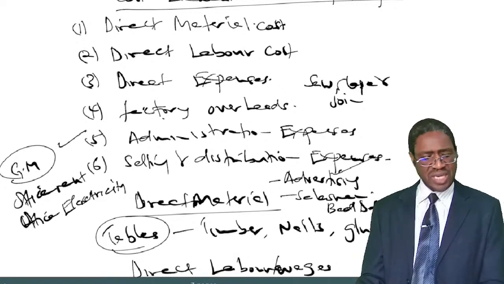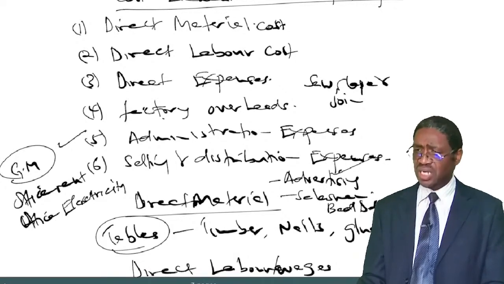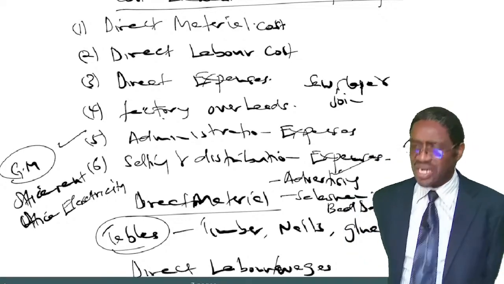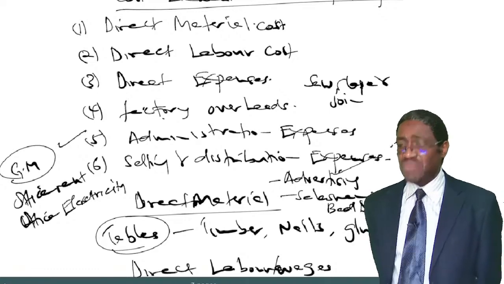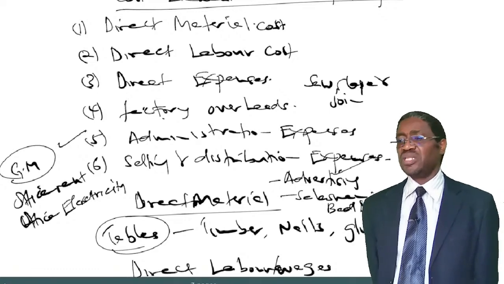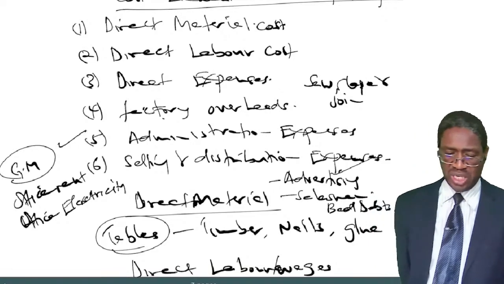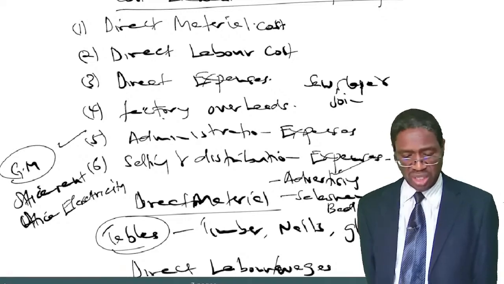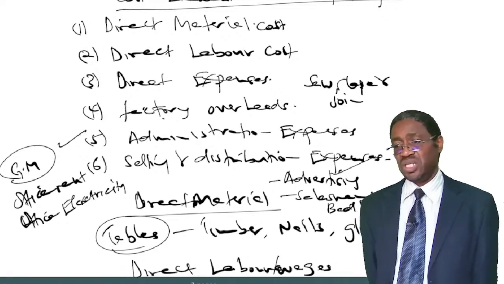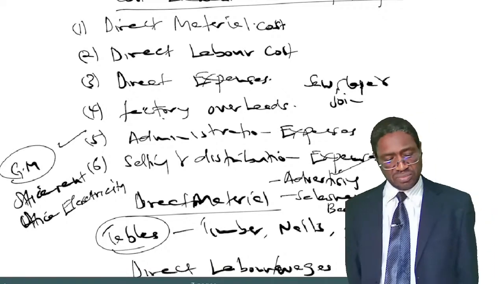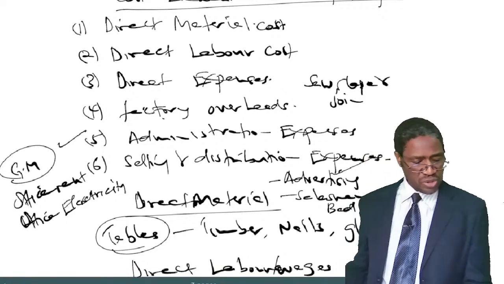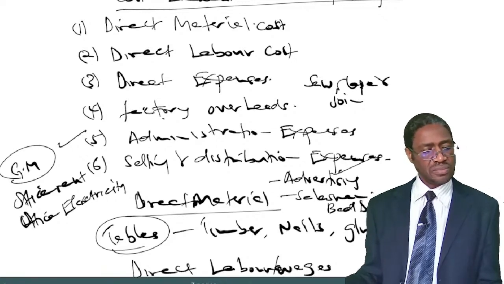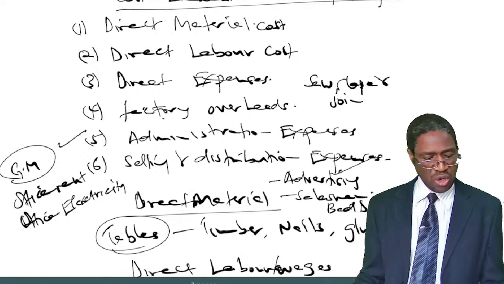Then you say this: these are expenses that must be incurred directly in the manufacture of a product.